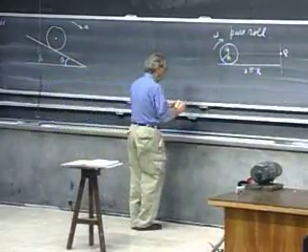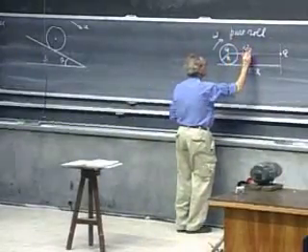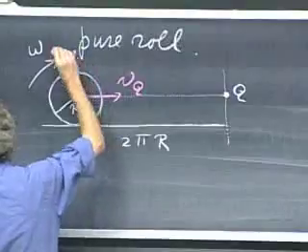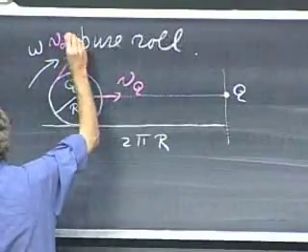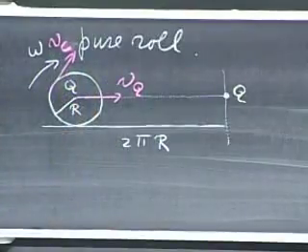When we have pure roll, the velocity of this point Q and the velocity of the circumference, I'll just put a C there, are the same.